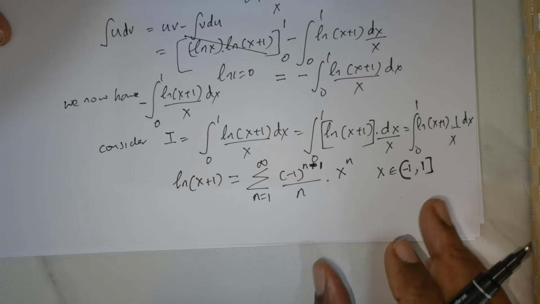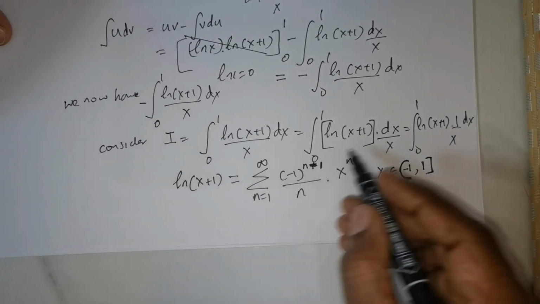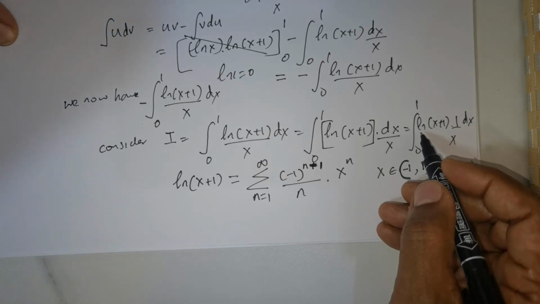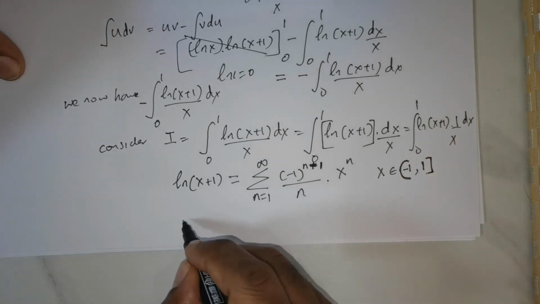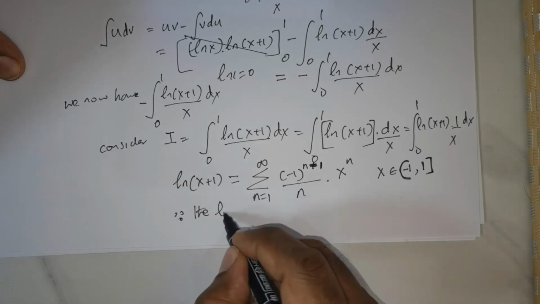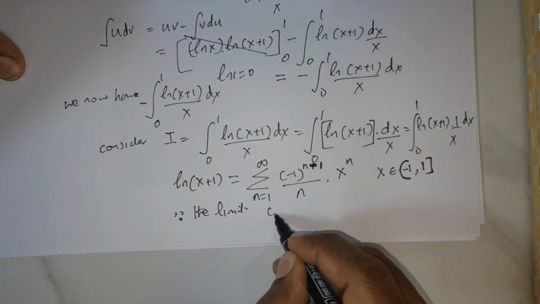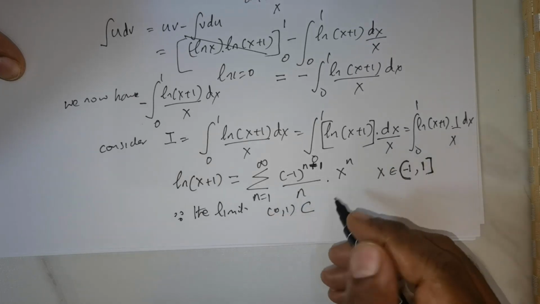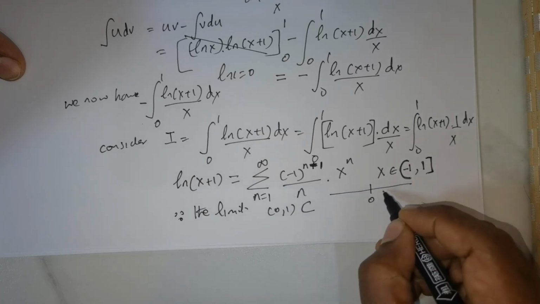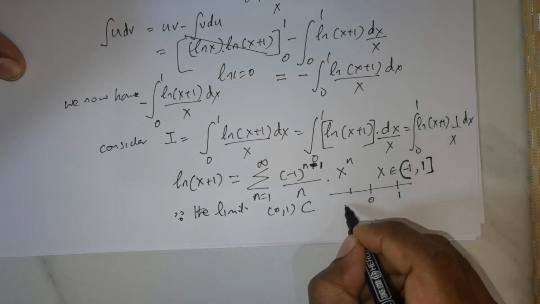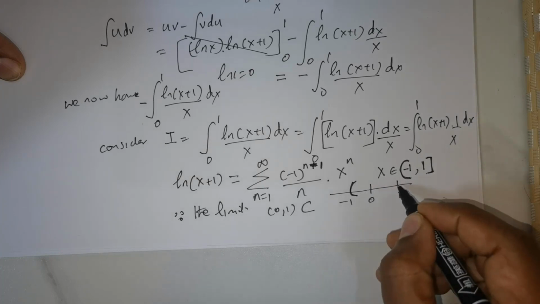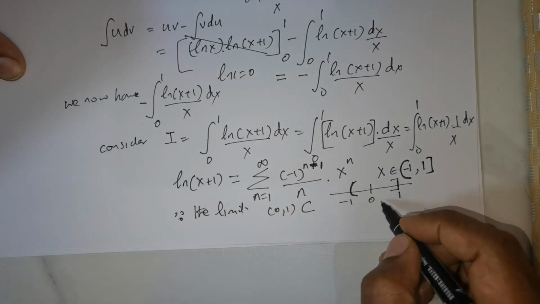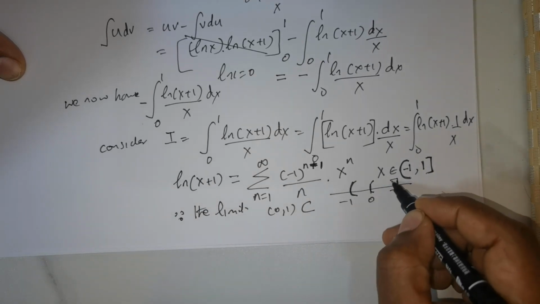Now having given you this, I can apply this expansion here. Why am I able to apply it? Since the limits 0 comma 1 are actually lying between, if I were to take the interval, this is 0, this is 1, this is negative 1, so this is the interval in which this expansion is defined, but we are given a limit from 0 to 1.